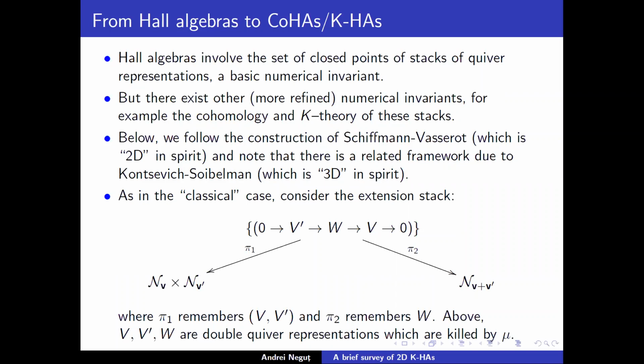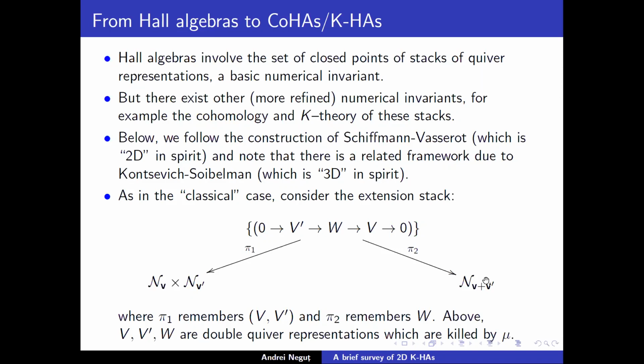So what is the definition of this Hall algebra? Well, first of all, we need an extension diagram. So we need a stack of extensions, V prime, W, V, with projection maps to these N_V, N_V prime, and then V plus V prime.